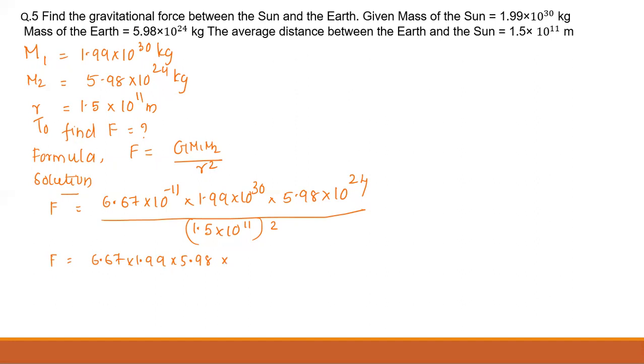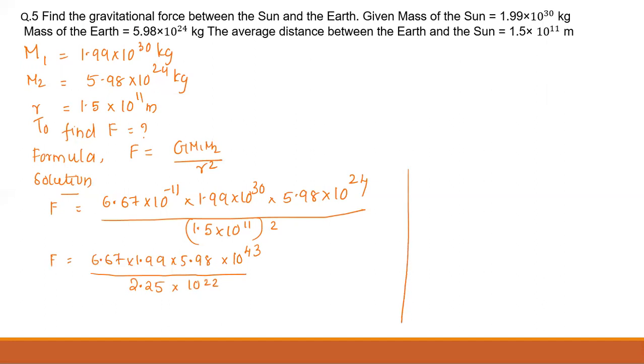Okay, here 10 raised to 30 and 10 raised to 24. 30 plus 24 is 54. 54 minus 11 is 43. So we will get 10 raised to 43 upon denominator 1.5 square. 15 square we know 225. So 1.5 square is 2.25. Okay, 2.25 into 10 raised to 11, the whole square is 10 raised to 22 will come.